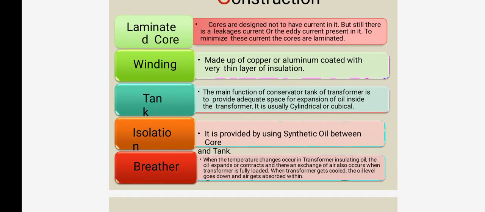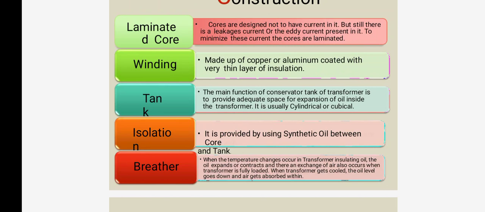Then, construction wise, it consists of a laminated core, winding, tank, isolation, and a breather. The laminated core is designed not to have current in it, but still there is leakage current or eddy current present in it. To minimize this current, the core is laminated.